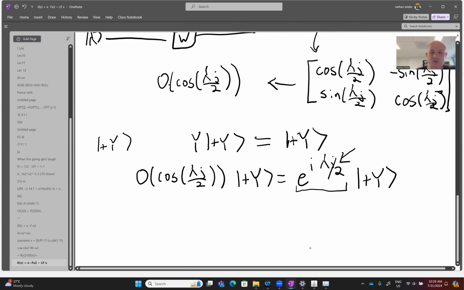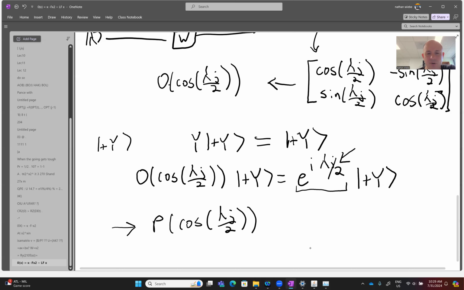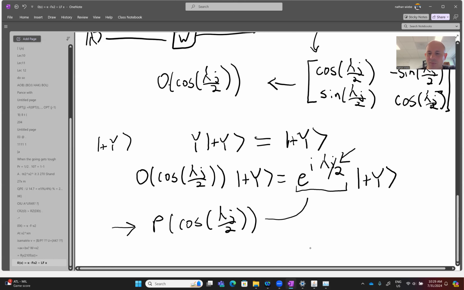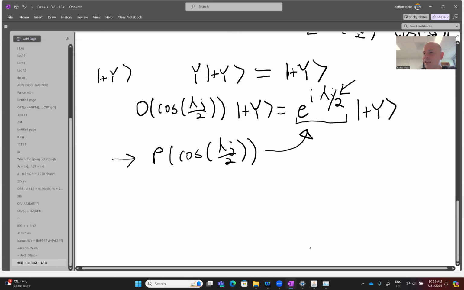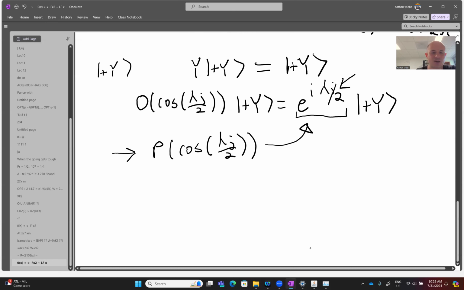So if, for example, I ended up transforming this to some polynomial of cosine lambda j divided by 2, then you can see that what we have over here is an operator whose eigenvalues are now going to be a polynomial function of the original ones coming in. So this allows us to do an eigenvalue transformation on a particular object.